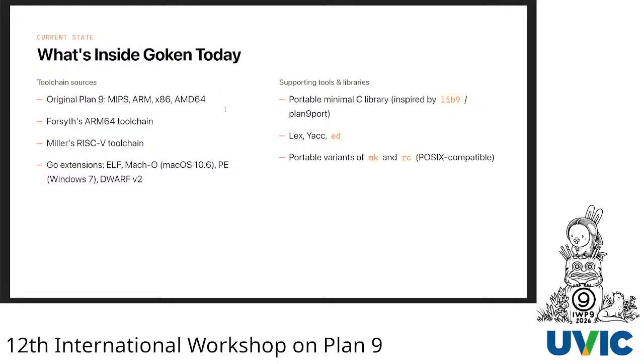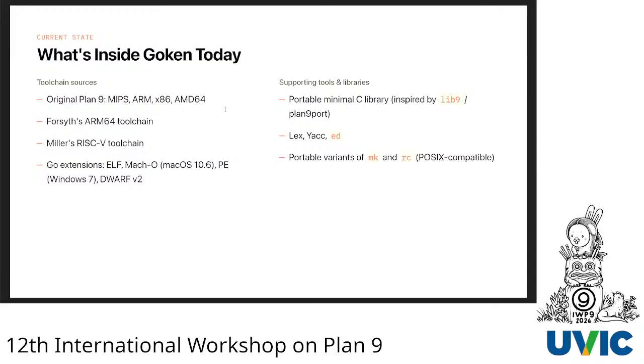And so another thing that I've added is a portable minimal C library, which is inspired by lib9 in Plan 9 port, so that, thanks to this lib9 library, the code is exactly the same as in Plan 9. That is, the Plan 9 C compiler is going to use some special system functions from the libc of Plan 9, and it will work because lib9 is an adapter that will work on Mac OS, that will work on Linux.